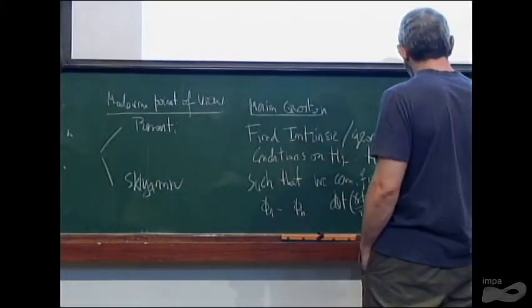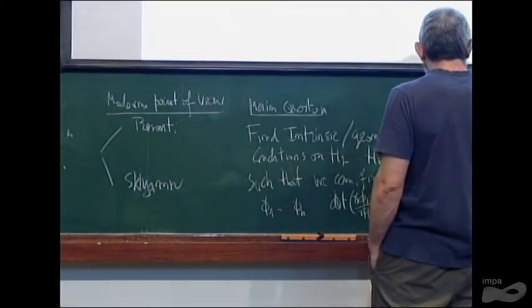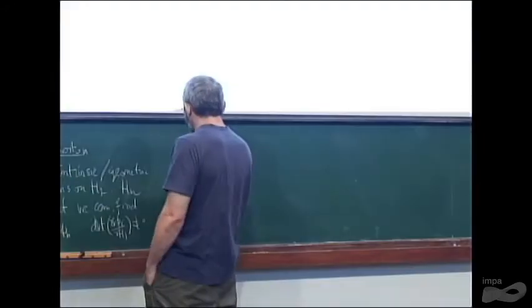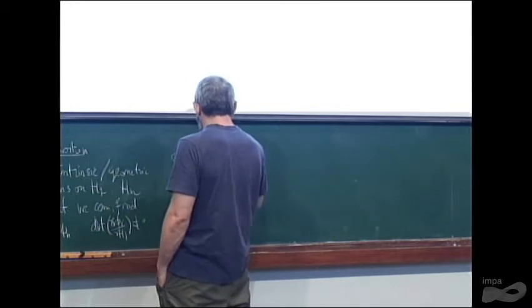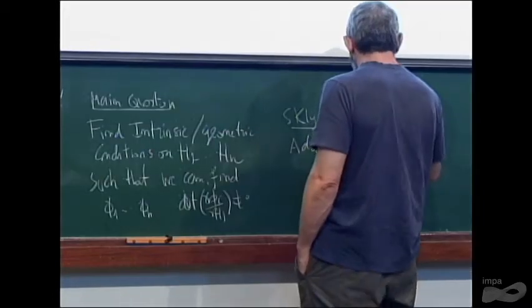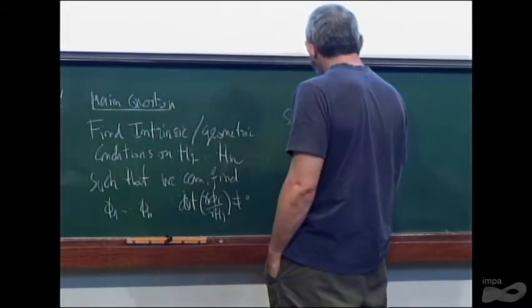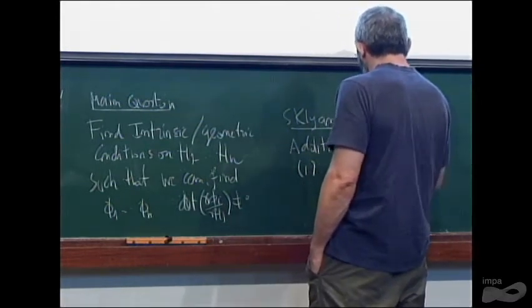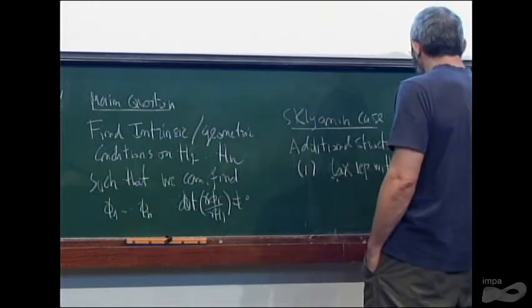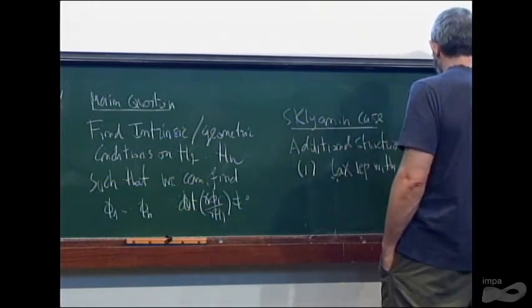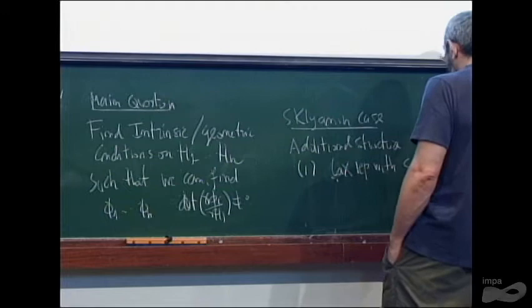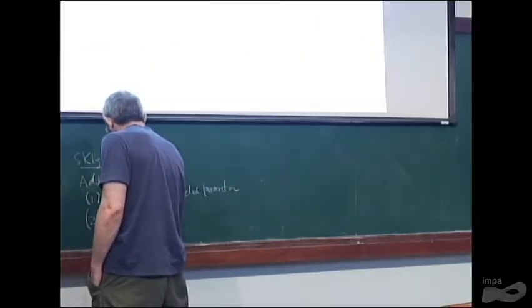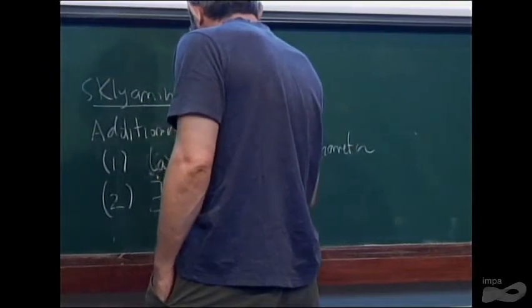For example, in the Sklyanin case, the additional structure is given by a Lax representation with spectral parameter, and the existence of an R matrix.